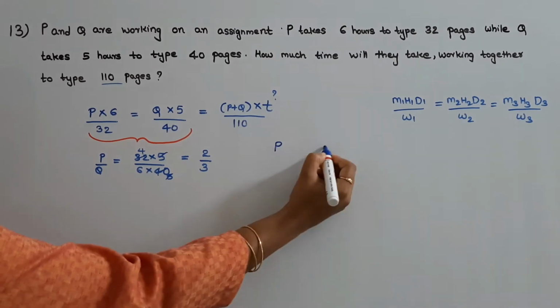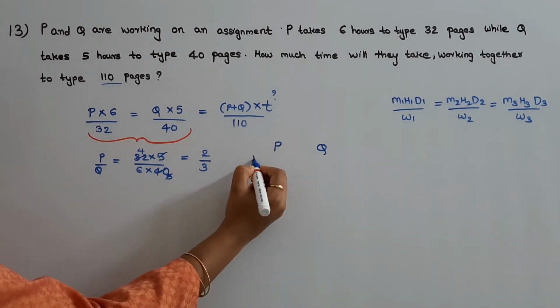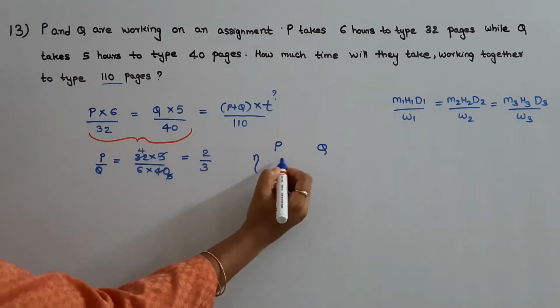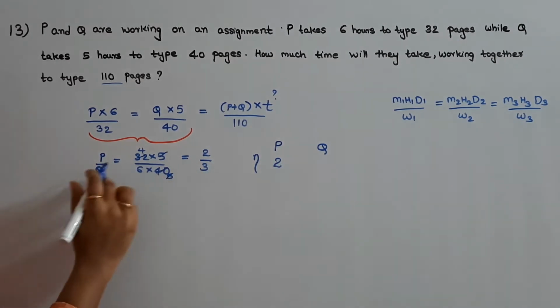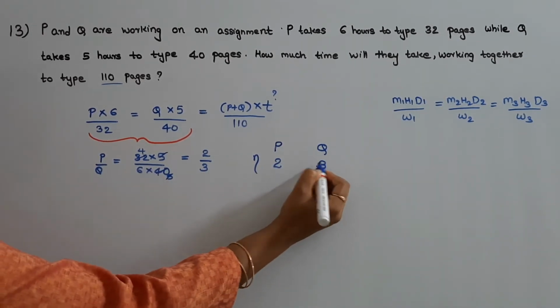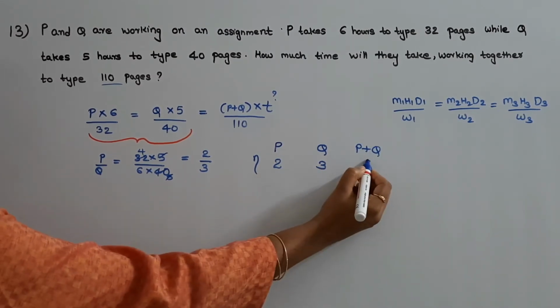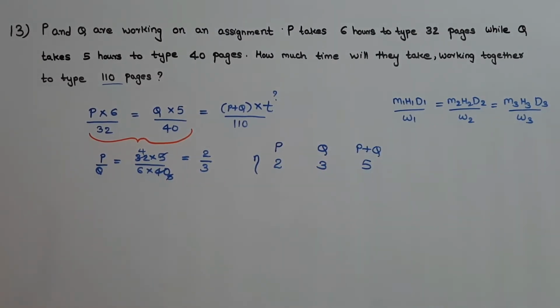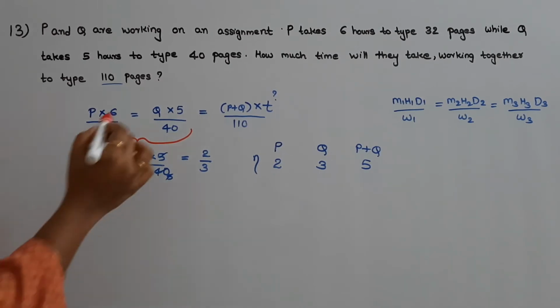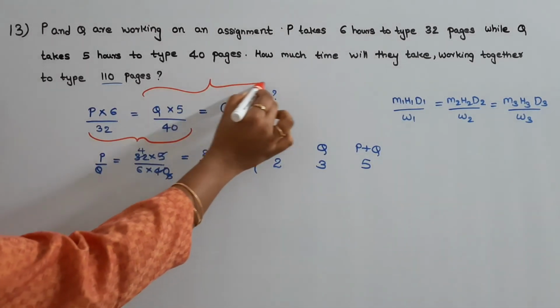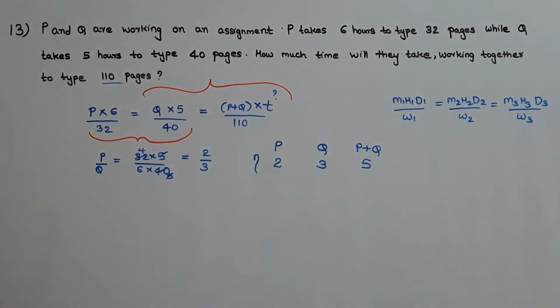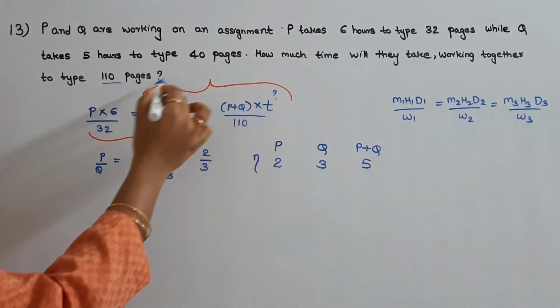Now efficiency of P is 2, efficiency of Q is 3. What will be the total efficiency? That will be 2 plus 3, that is 5. Now let us take this part to get the answer for T. So substitute the values in this part.